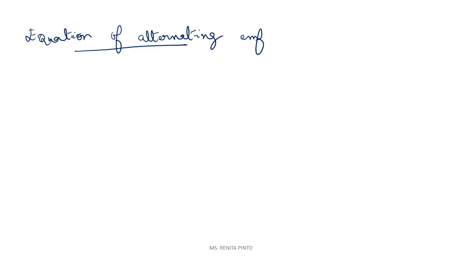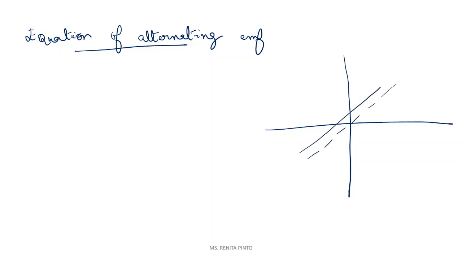So we are going to consider a coil of n number of turns. So first draw the figure. I'm going to consider the coil with n number of turns, which is going to rotate in a uniform magnetic field.